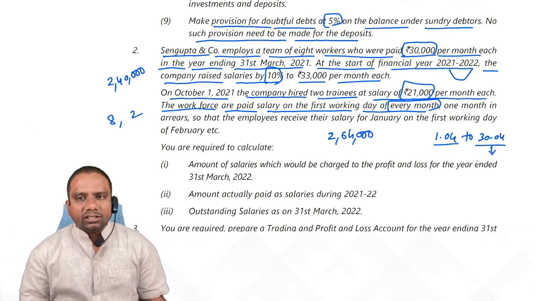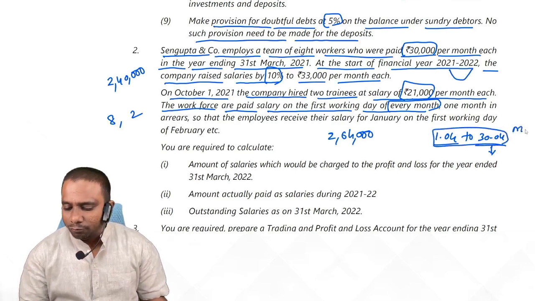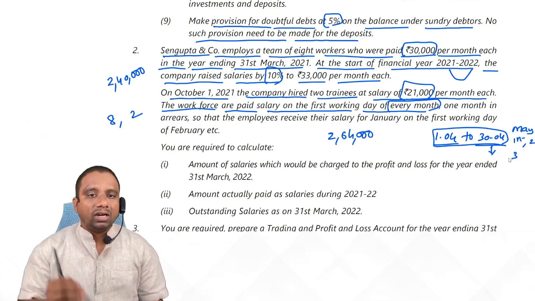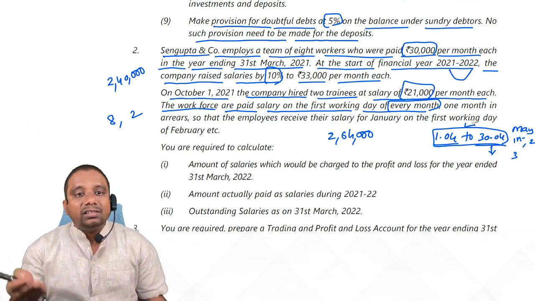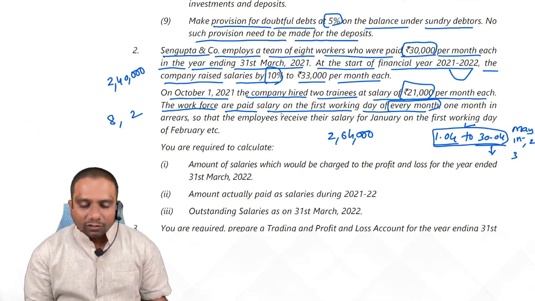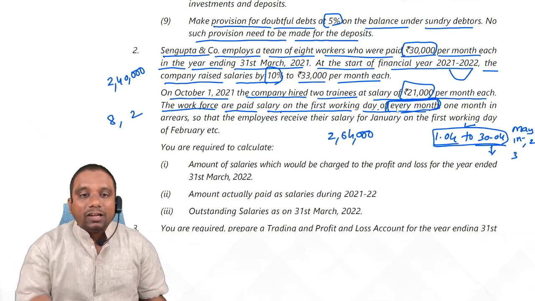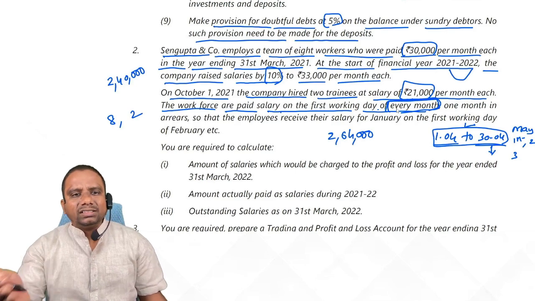But some organizations will pay this month's salary, April's salary, in the month of May, maybe on the first, second or third, or within 1 week. So 1 month's salary is paid in the next month. In the same manner, here also they are paying on the next day of the month.